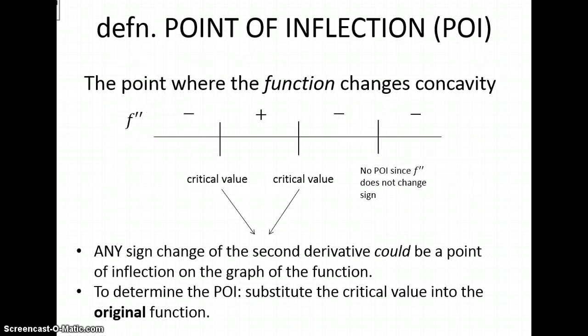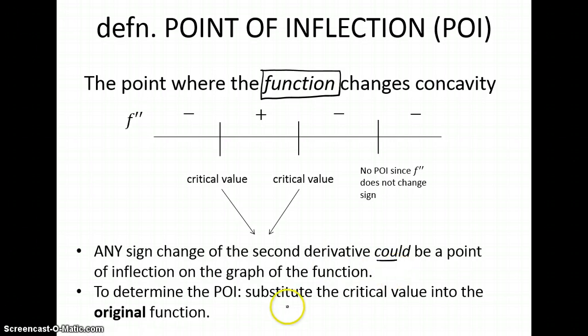So take a minute, pause the slide if you need to. A point of inflection is the point where the function changes concavity. We use what would look like the first derivative test to determine relative extrema. So if we have at a critical value the second derivative changing sign, any sign change of the second derivative could be a point of inflection on the graph of the function.